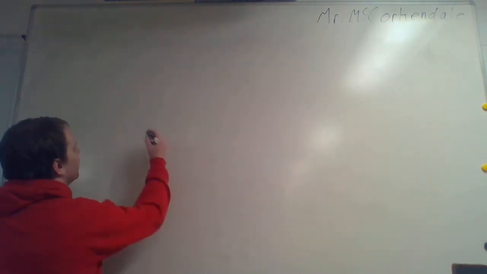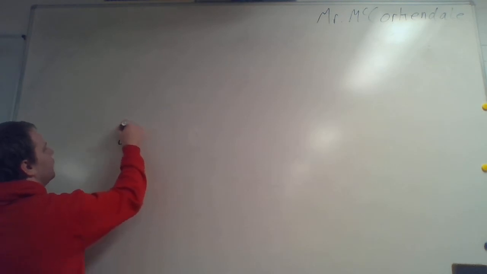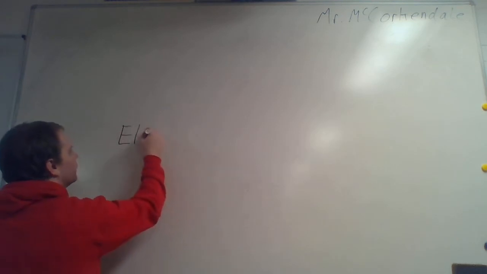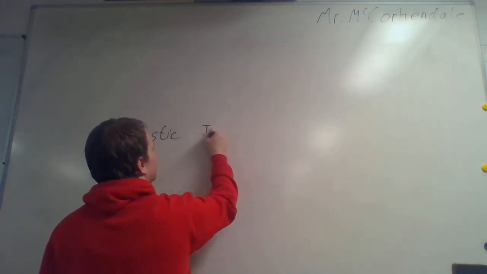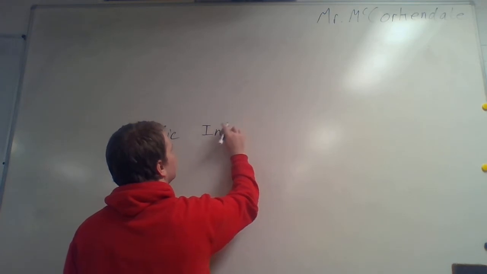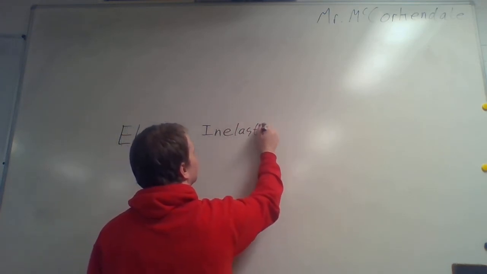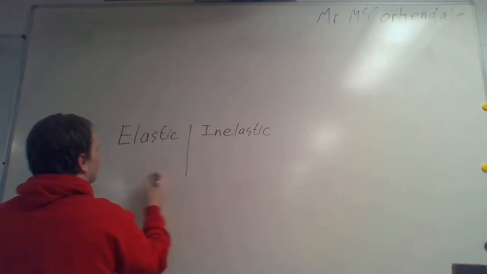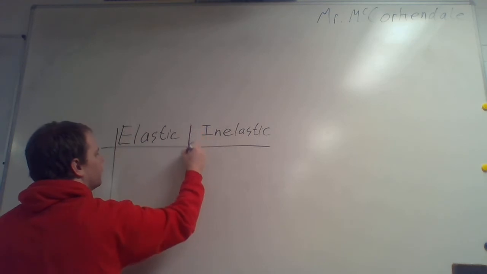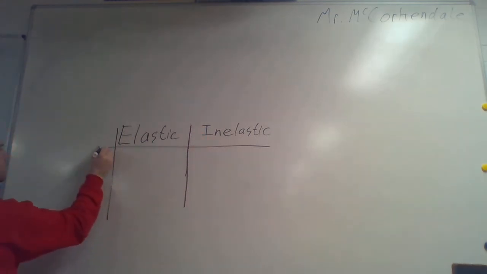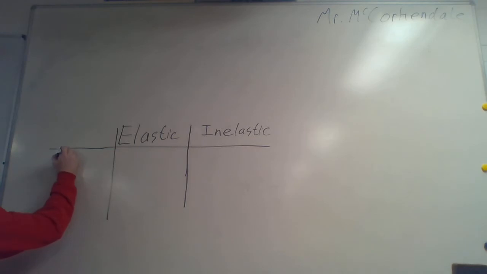So I'm going to draw a little chart here. If we have two kinds of collisions, elastic collisions and inelastic collisions, there are four things that I want to look at and compare between these two. The first is energy.